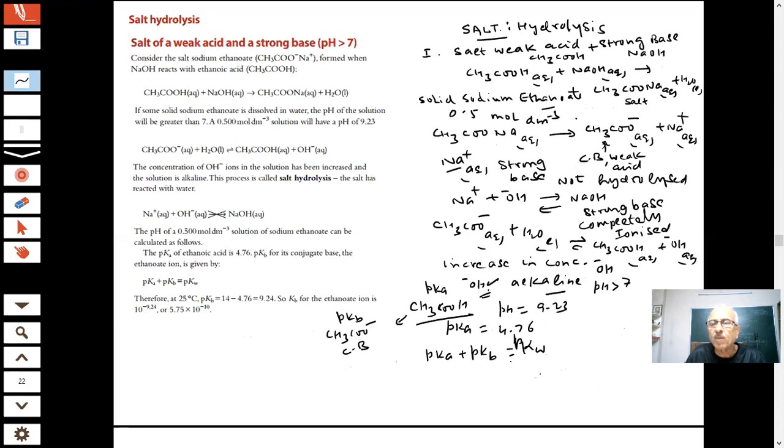We derived this formula in the chapter on acid-base titration. Now the pKa of this is 4.76, and we want to find the value of pKb, that of the conjugate base. The value of pKw is 14 at 25 degrees Celsius. Then the value of pKb will be 14 minus 4.76. How much?